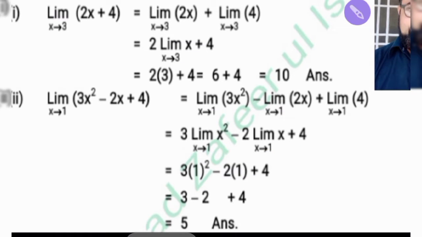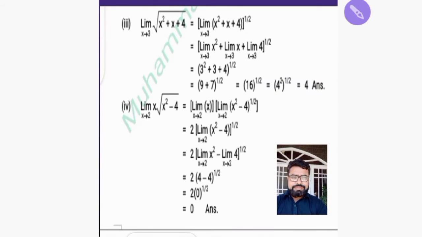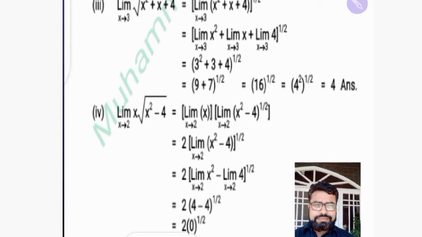Now we will simplify it further. 1 square is 1, 1 multiplied by 3 is 3, 2 multiplied by 1 is 2, and there is a sign of minus between them, plus 4 will be written the same. Now we have to simplify it further. 3 minus 2 is 1, 1 plus 4 is 5. First two parts are solved. Now I will solve the third part.